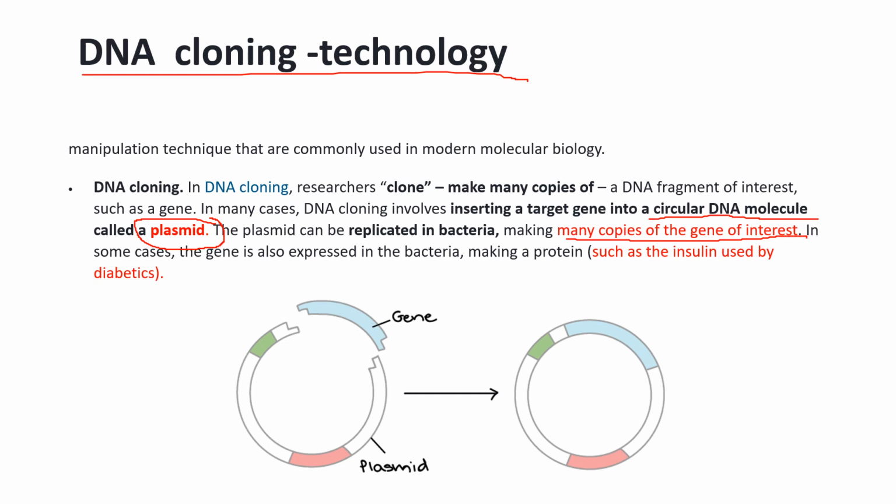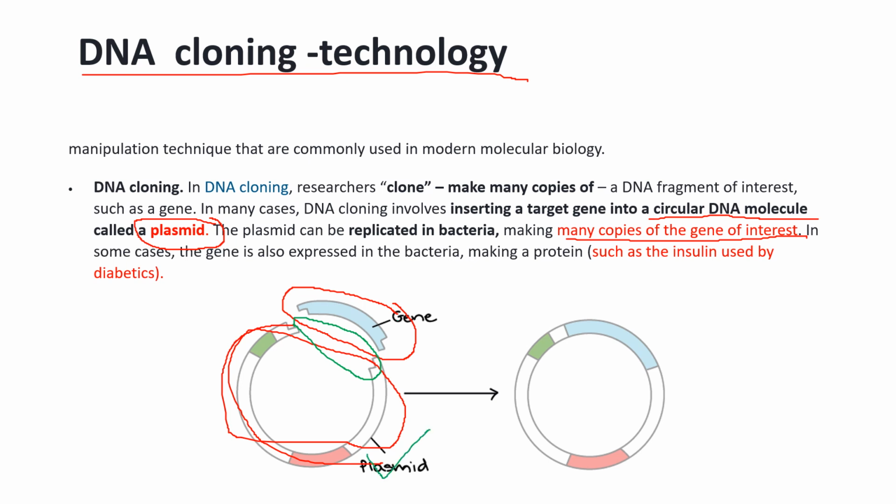As you can see here, you have a plasmid and you also have the gene of interest, the gene that codes, let's say, for insulin. It is inserted into the plasmid, and at the end we have the plasmid DNA.